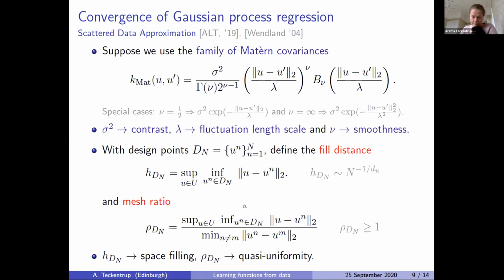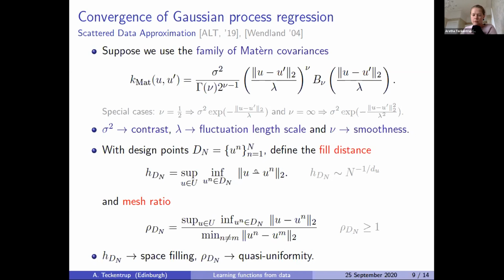Right. The second quantity is this mesh ratio, so that is the rho. This is something that is related to stability. I'm going to come back to that. It is, in a way, a measure of quasi-uniformity. So it doesn't just look at how space-filling the design is, but also how uniformly spread everything is. So if you look at it, in the numerator you have the fill distance.